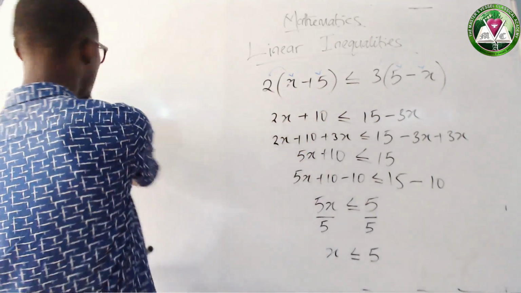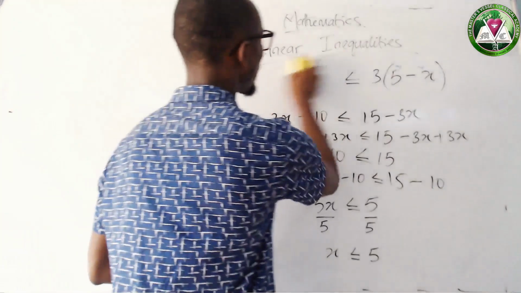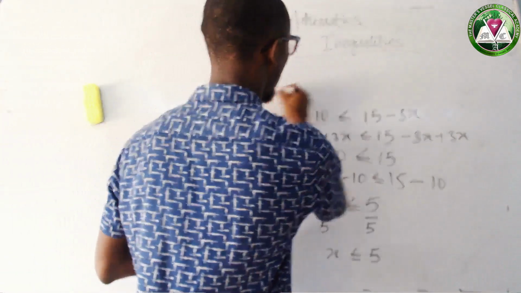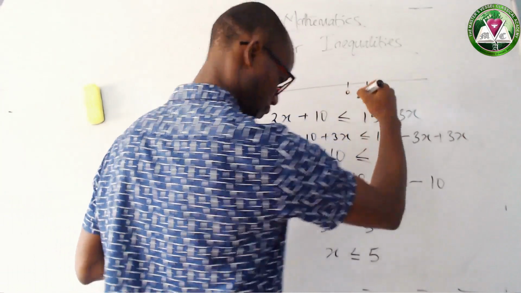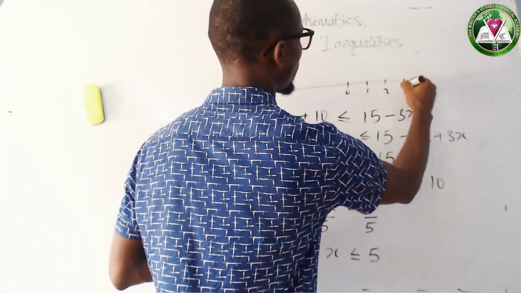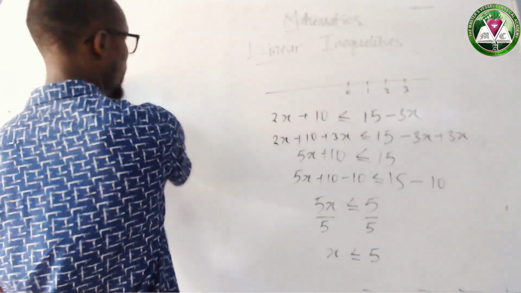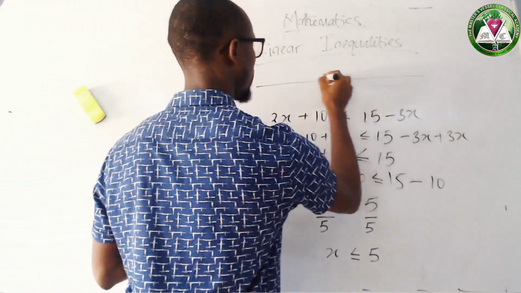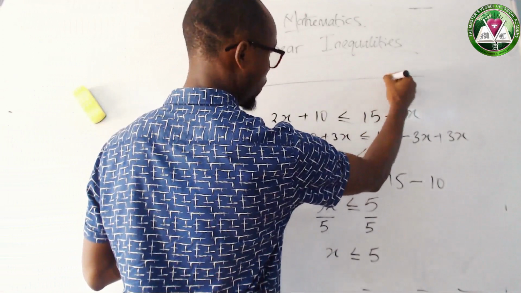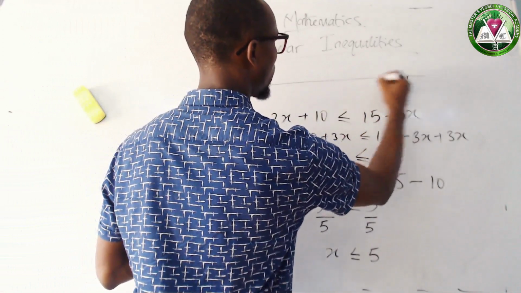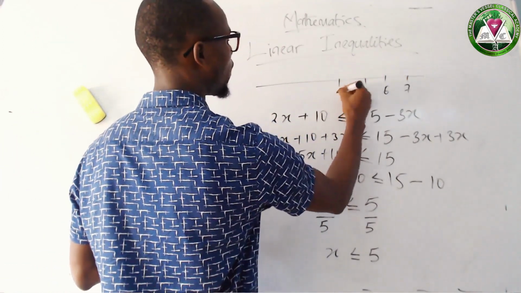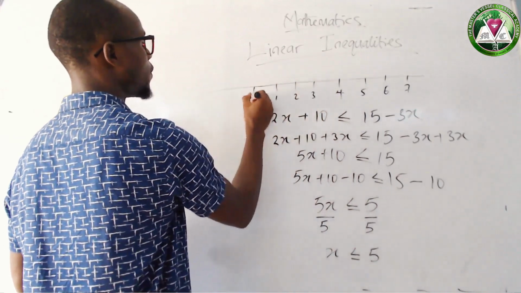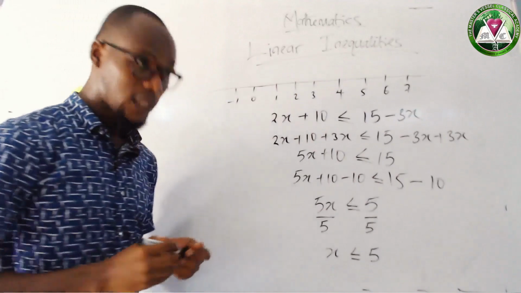Now for us to represent this on the number line, we're going to sketch our line. Now, what's our endpoint?